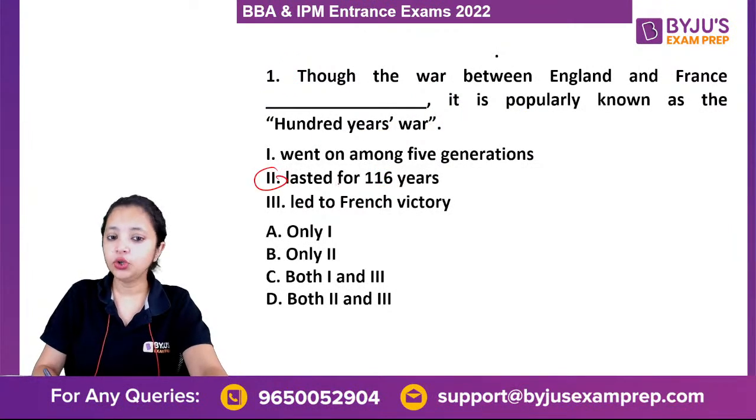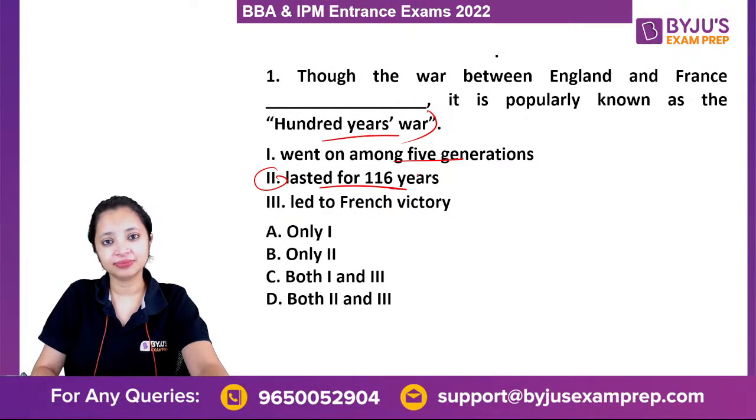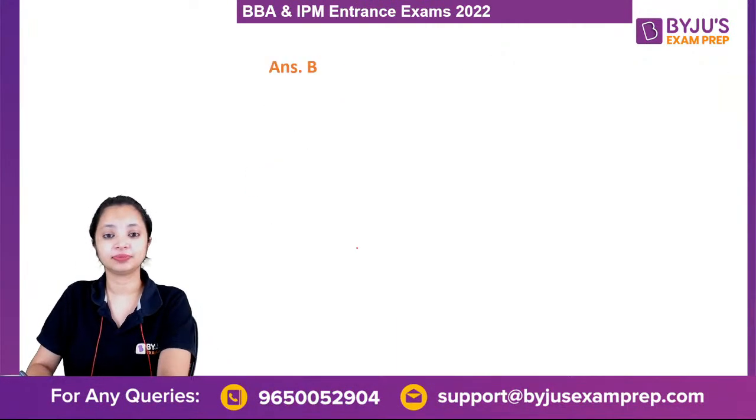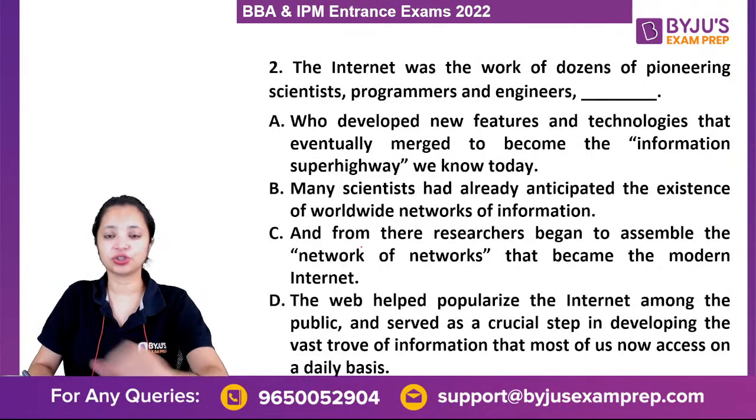So only and only 2 goes well with the 100 Years' War. 5 generations could happen in 100 years, beta. People who mark A, 5 generations could happen in 100 years. Thus, it is only this part that contradicts this part because of the word though. The answer has to be only and only 2. B.